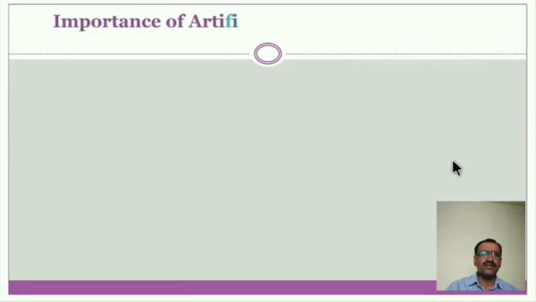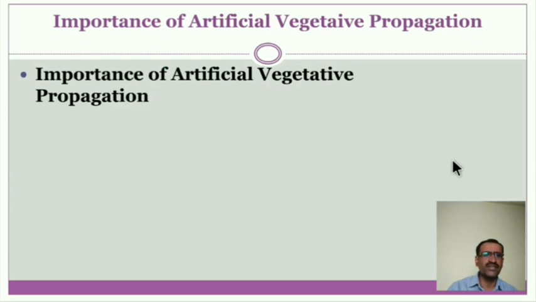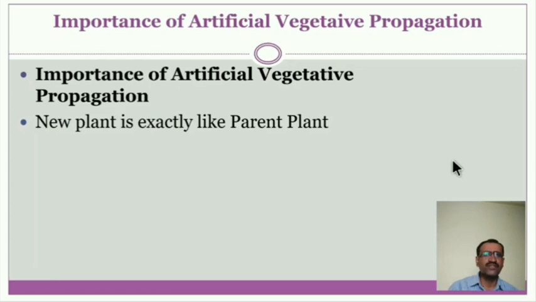Next, our important part, the importance of artificial vegetative propagation. Let us see one by one what they are. First, the new plant is exactly like the parent plant. What is the main aim of artificial vegetative propagation?